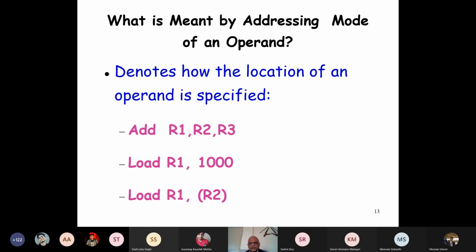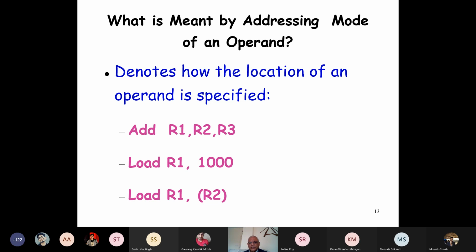Now let's look at the next concept, the addressing mode of an operand. Somebody may ask you this question, if he knows that you've done a computer architecture course: what do you mean by addressing mode of an operand? To give a very short answer, the addressing mode of an operand denotes how the location of the operand is specified.